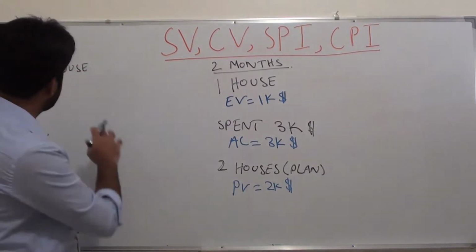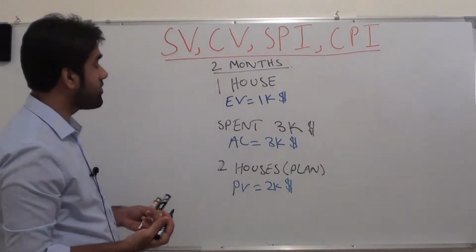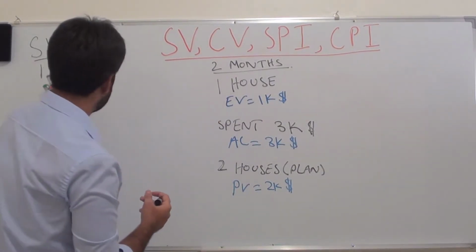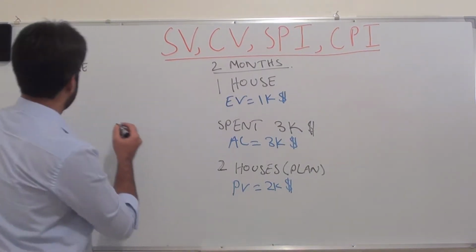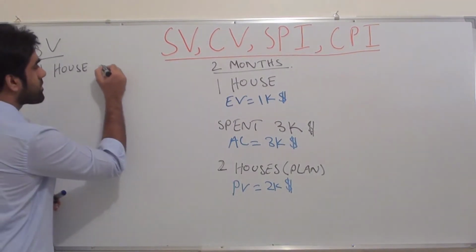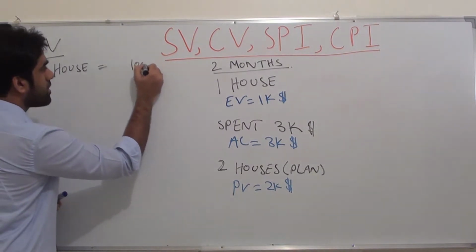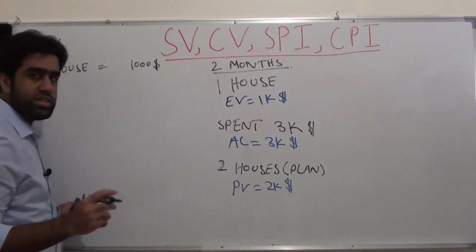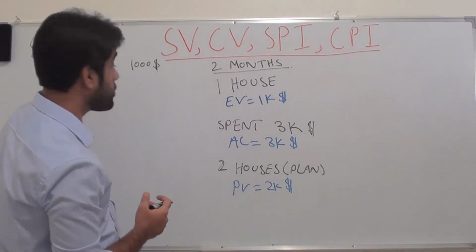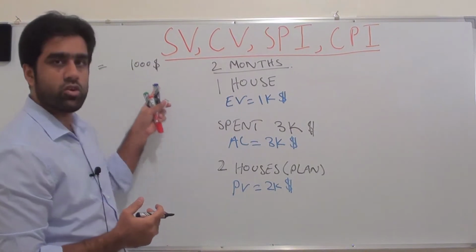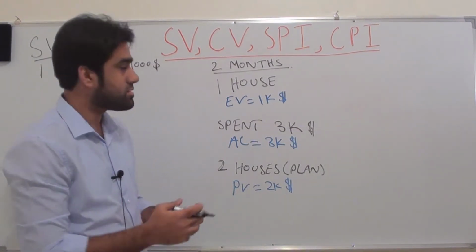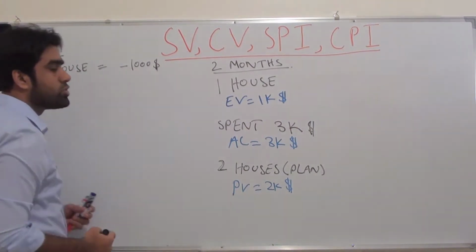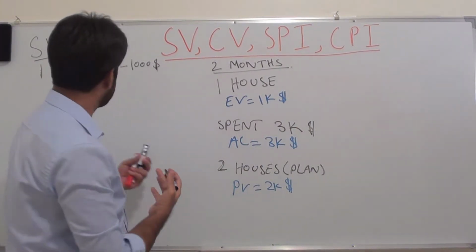But as we discussed in the last slide, 1 house doesn't say anything, so we need to convert it into dollars. As per the original budget, what is the value of 1 house? Yes, $1,000. Because we are calculating variance, will this value be positive or negative? We are behind schedule, so this value will be negative. This is the logical understanding of schedule variance.